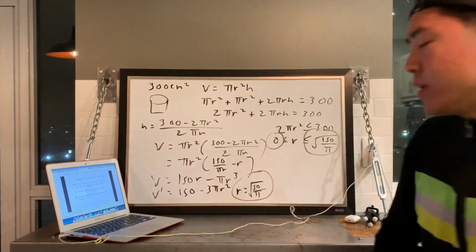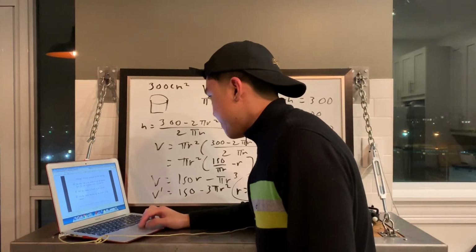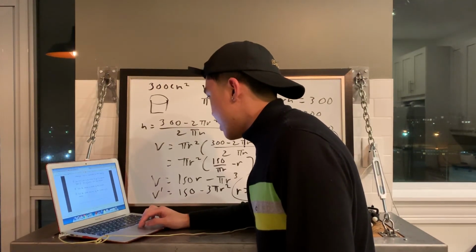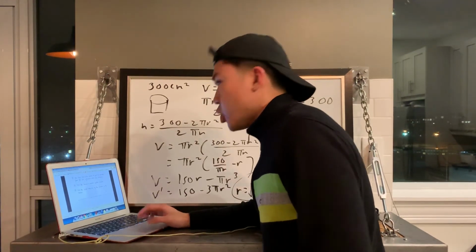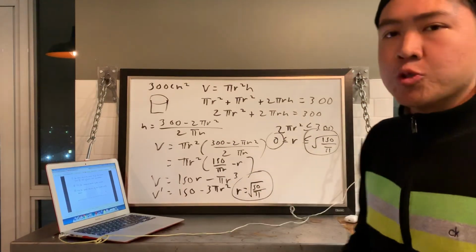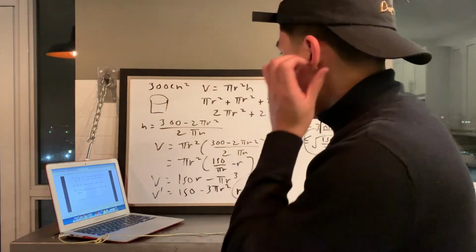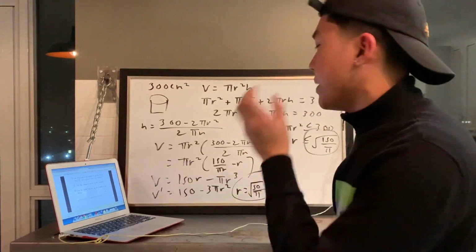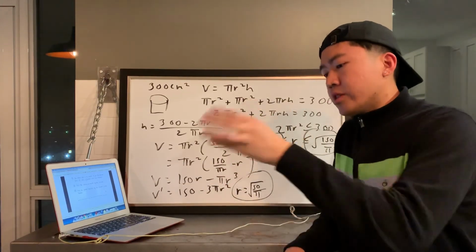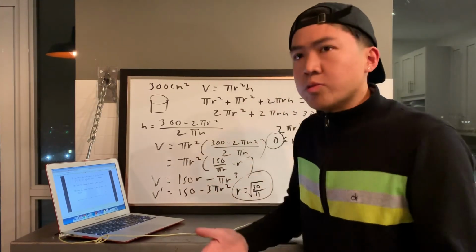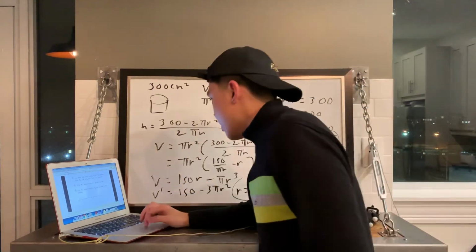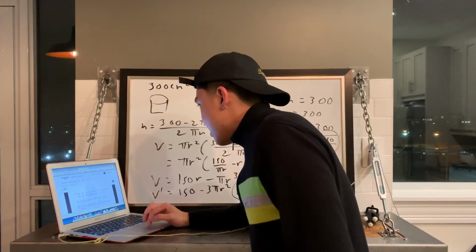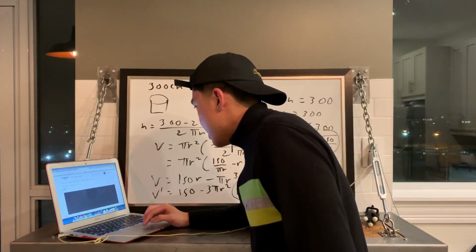So you want to see the bounds based on r. And then you want to find the global max or global min by finding the critical points and testing all the endpoints and the critical points, to see which one gives you the highest or lowest value. So that basically sums up optimization.